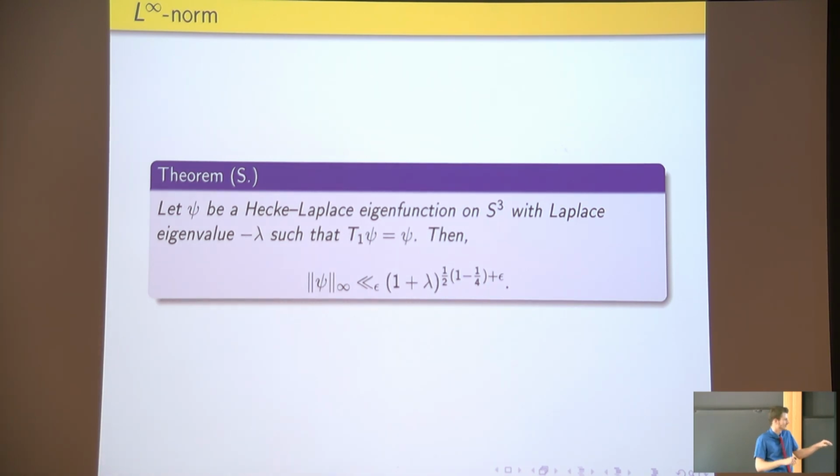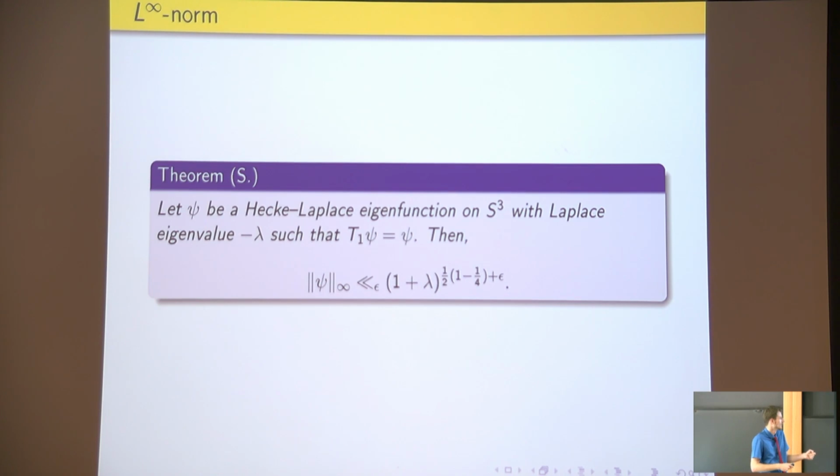And here, again, the convexity bound in this case is lambda to the 1/2. And on S3, instead of the Legendre polynomials, you have the Chebyshev polynomials of the second kind as the eigenfunctions. And they have exactly these large poles again of lambda to the 1/2.